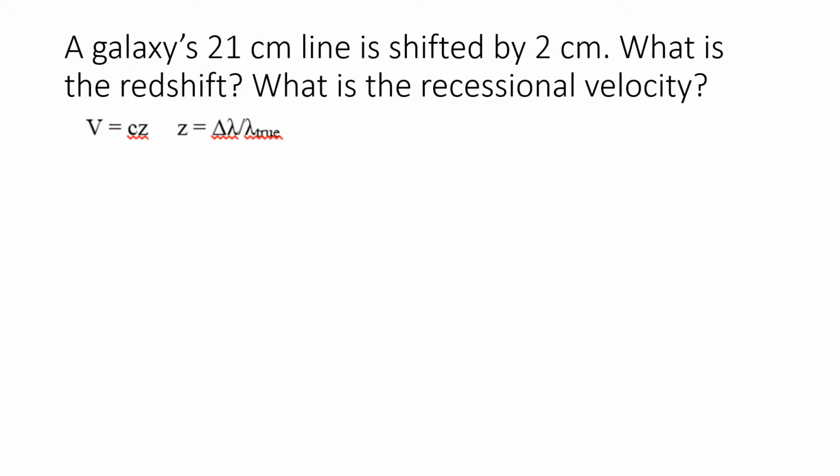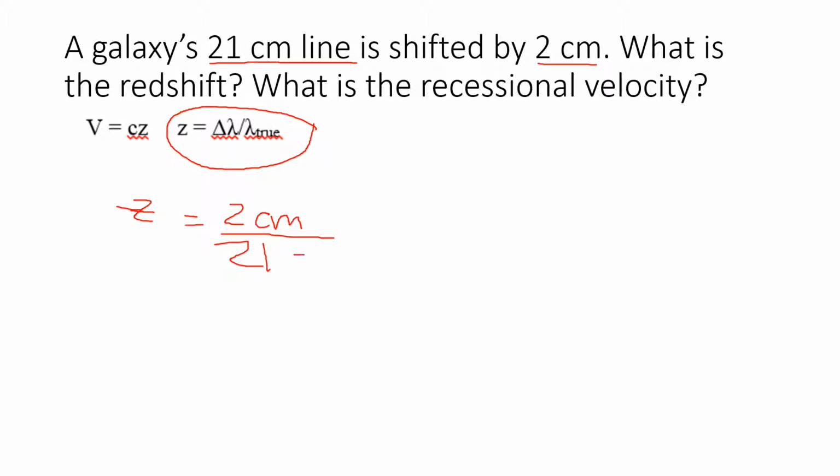So the first part says a galaxy's 21 centimeter line is shifted by 2 centimeters. So we have the true wavelength and we have the amount of shift. That's what we're going to plug in and solve for the redshift. So the redshift, I sort of always put a line through my z so they don't look like 2's. So the redshift is going to be equal to 2 centimeters, that's the shift, divided by the true wavelength, which is 21 centimeters.